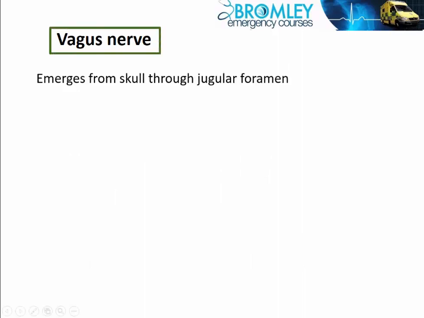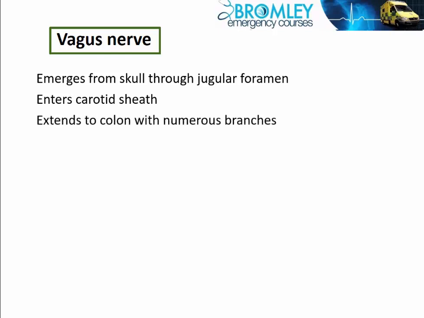Vagus, the 10th nerve, also comes out through the jugular foramen right next to the glossopharyngeal. It then enters the carotid sheath, and of course from there it goes right the way down the body with numerous branches. Of course, there's the recurrent laryngeal, which we've met elsewhere, with its right branch hooking around the right subclavian and its left branch around the ligamentum arteriosum.